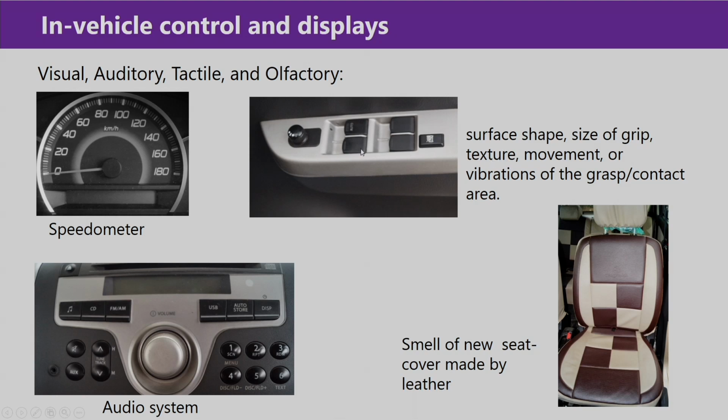Only by touching or feeling we can understand the control type. So, the surface, shape, size, grip, texture or vibration of the grasp or contact area of those controls is giving us information, and that information is tactile information. Then if we consider the smell of the leather of the seat cover, that is an olfactory display. So, the information is coming through the olfactory sense or olfaction.